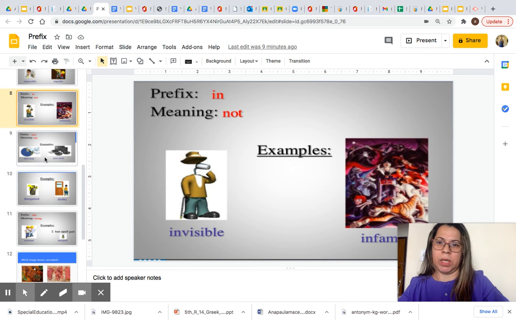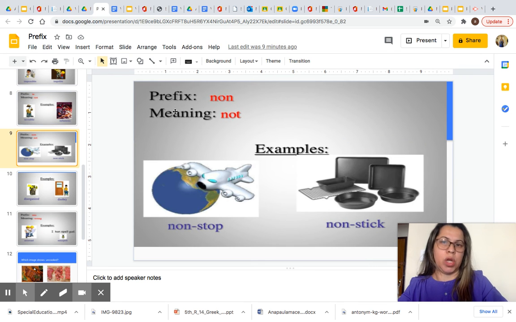Let's look at one more prefix, non. For example, stop. Stop is the base word. Now I add the prefix non, which means not. What does non-stop mean? Look at this image. I can see an airplane going somewhere. So what does it mean?